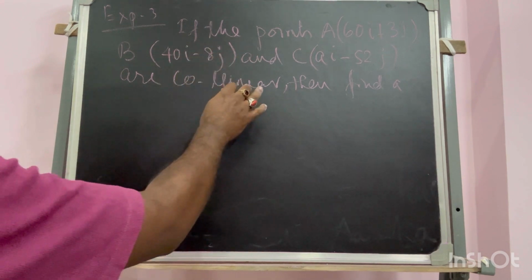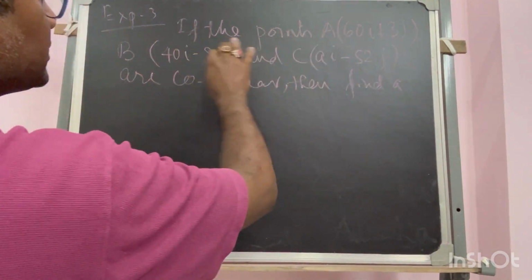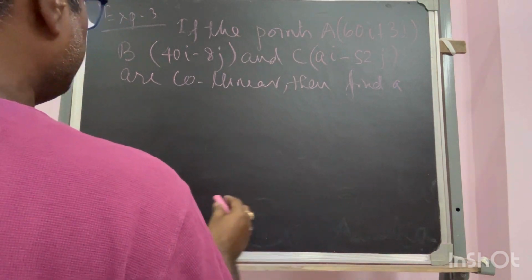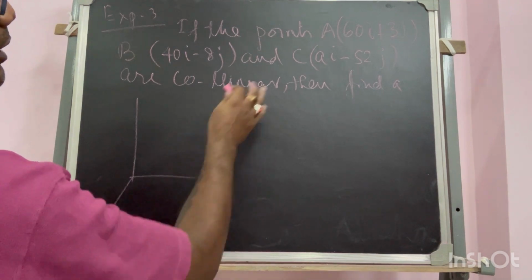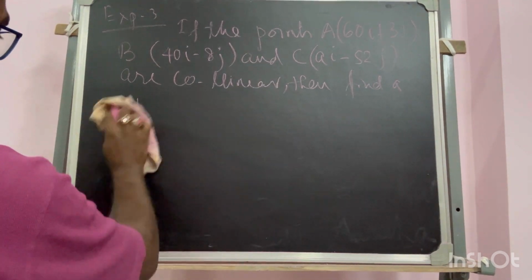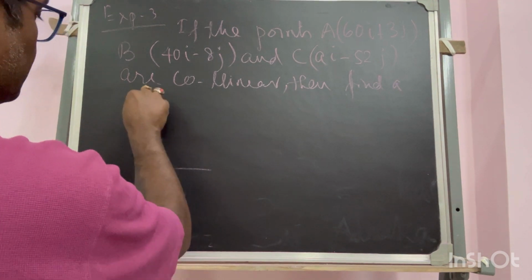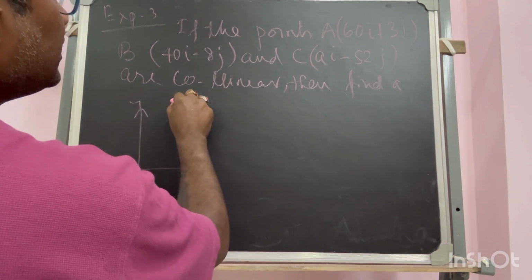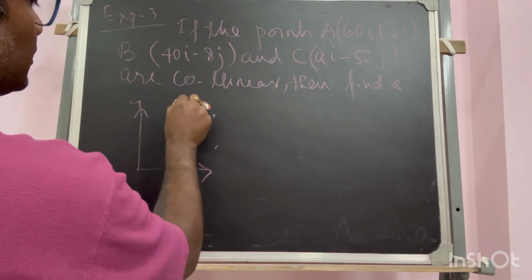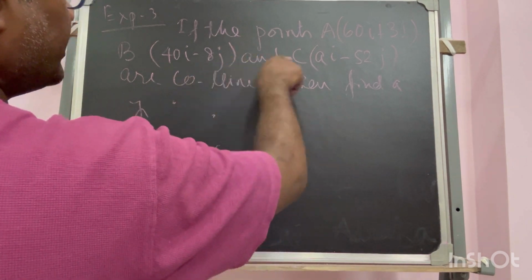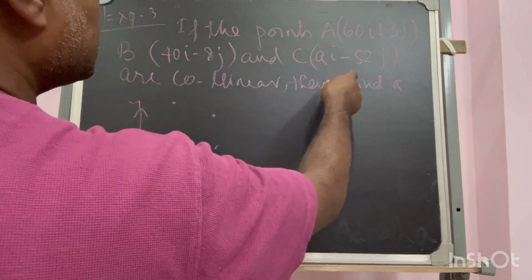Okay, so this is the task. It is already said that this is collinear. So we know if 3 points A, B and C are collinear, this time it is collinear, and it is two-dimensional. So in a two-dimensional plane, this is y, this is x. Let's say A, B, C are collinear. Then we have to find the unknown, and here only a is unknown.